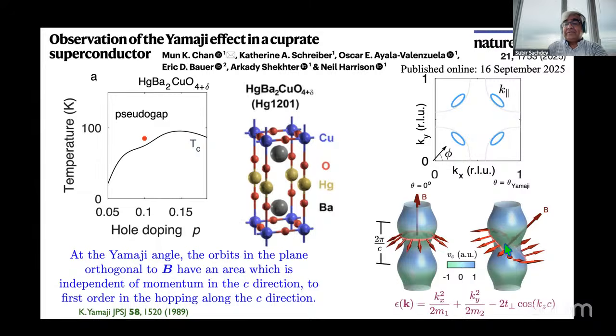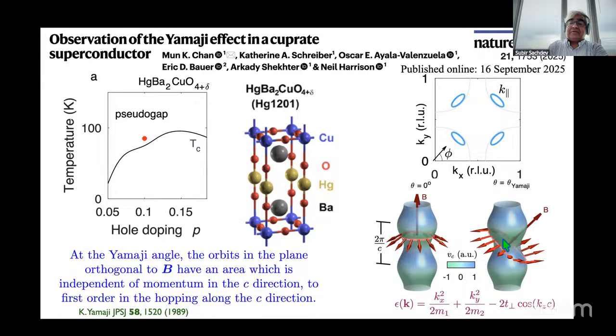And the effect is the following: there's a very special angle called the Yamaji angle, at which the area of this orbit is independent of Kz, at least to first order in t-perp. So it requires very small warping. And this area doesn't change very much as you go up and down, which means that effectively there's a flat band in this direction. And therefore the resistance should have a peak at the Yamaji angle.